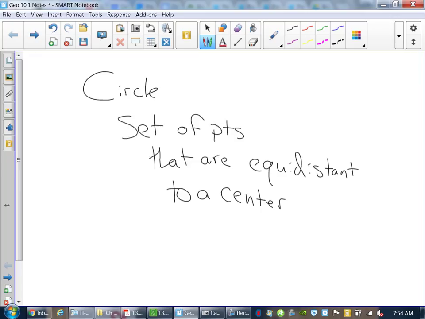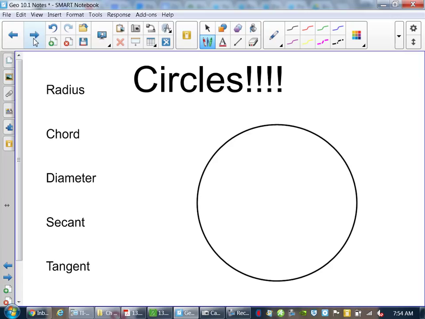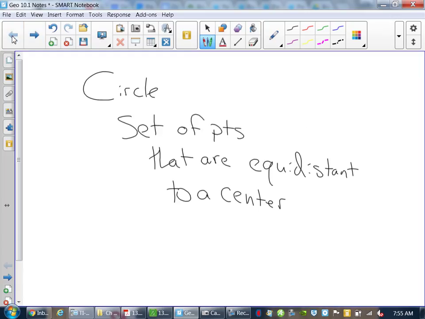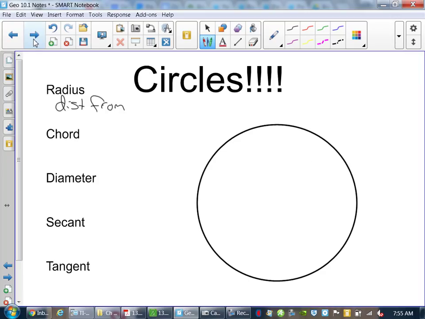So as you go through this, a radius is the distance from the center to the circle.